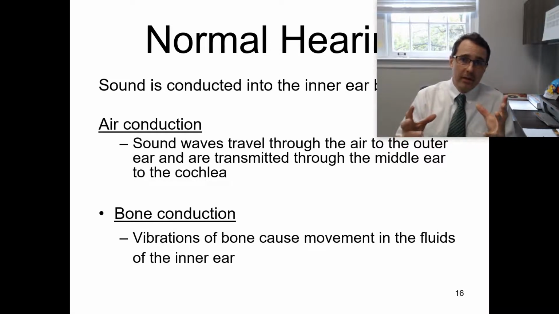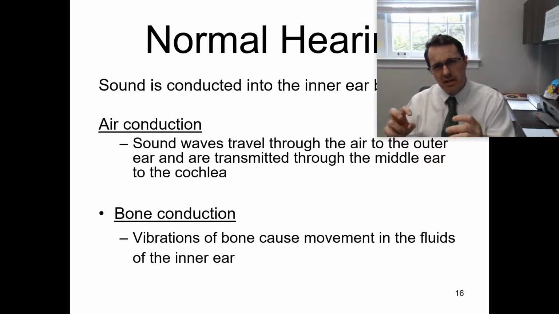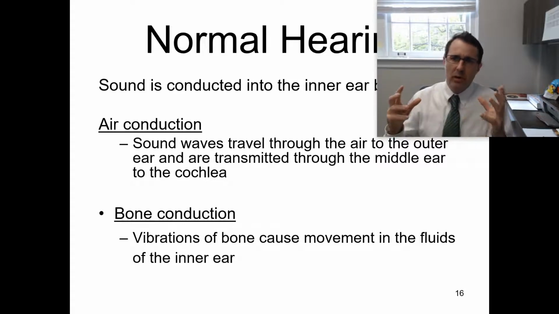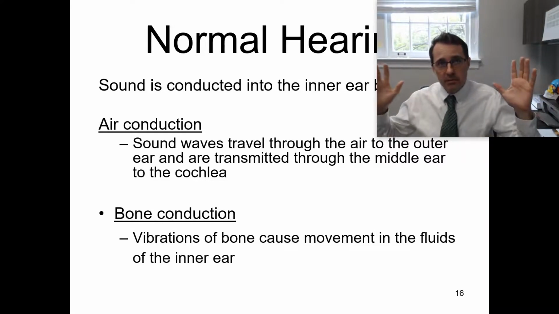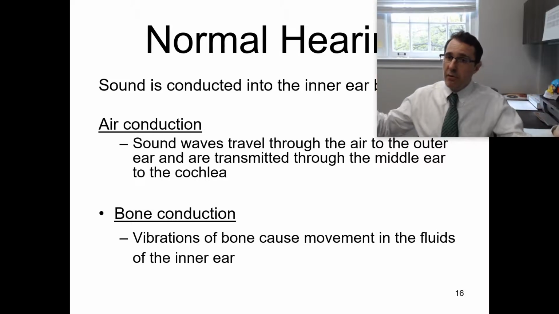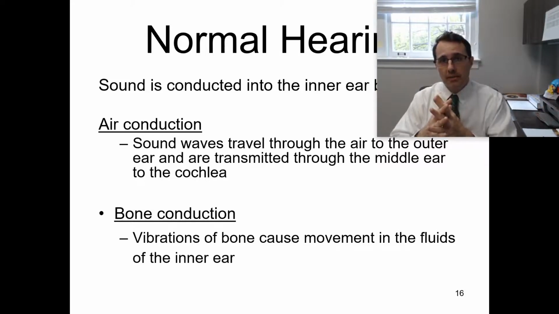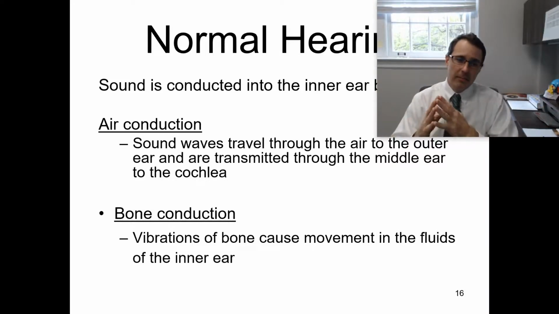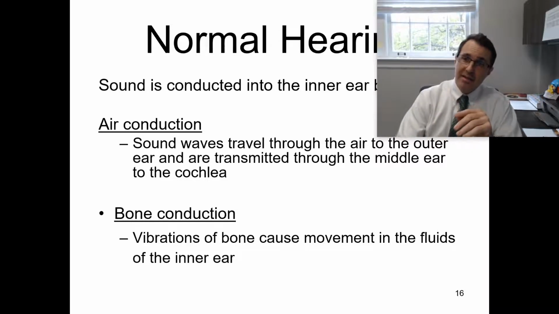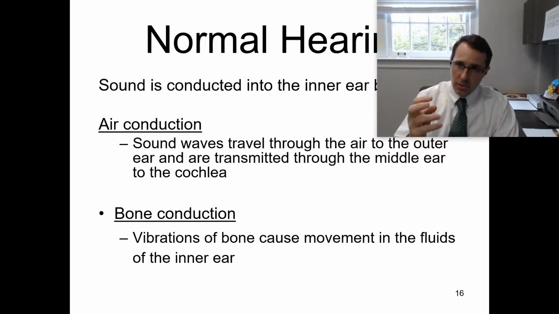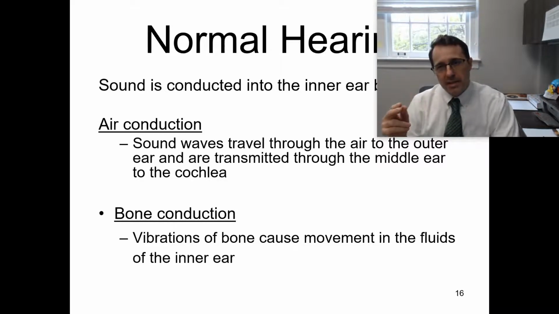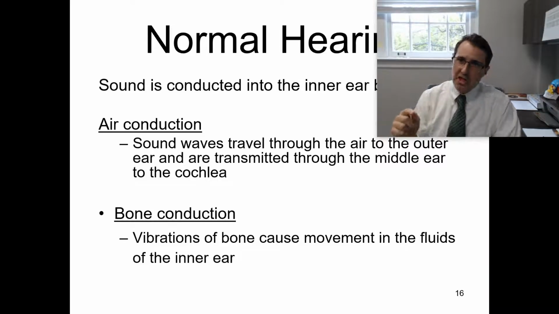If you don't have a middle ear, or let's say you're missing the ossicular chain, you have something very wrong with your middle ear, or you just don't have one, vibrations can't move from the air into your cochlea. There's a missing link in the chain. But if your cochlea is still there inside the petrous portion of the temporal bone, we can take what is called a bone conduction hearing aid.